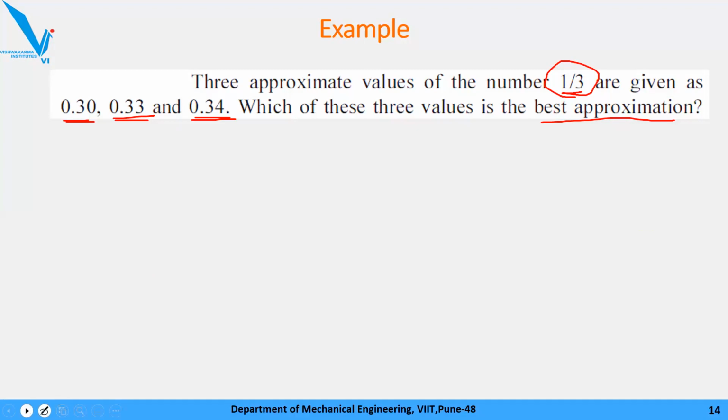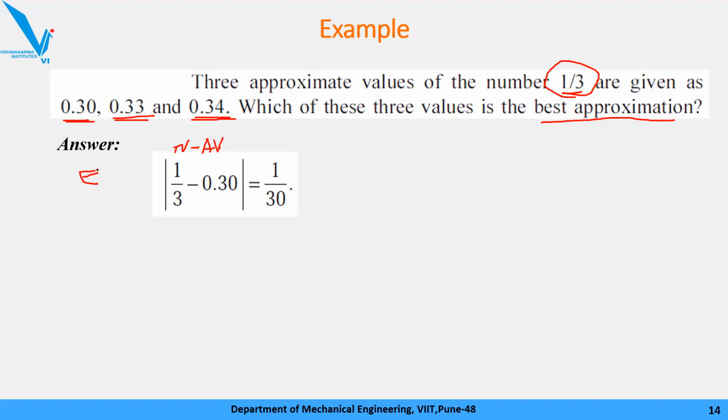See, we calculate absolute error like this: the true value minus approximate value. This is our formulation for calculating error. Okay, absolute error. So true value is 1/3 minus 0.3. अपना पहला ऑप्शन ले लिया हमने यहाँ पे.